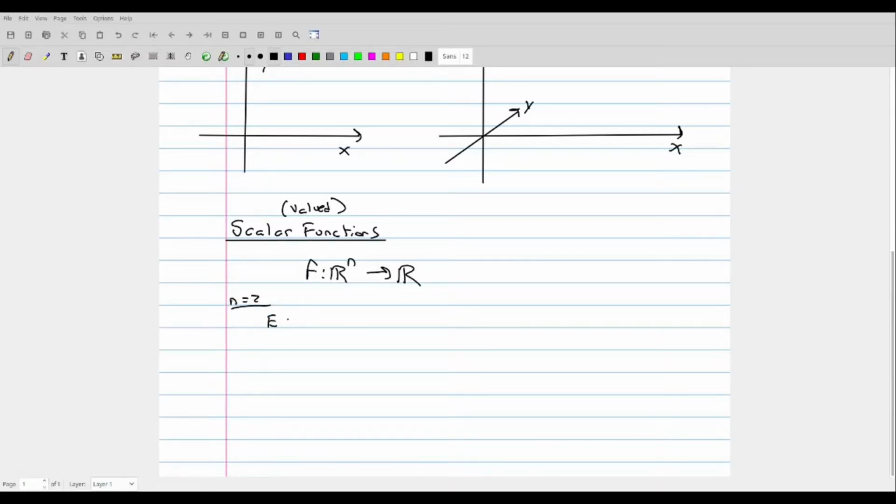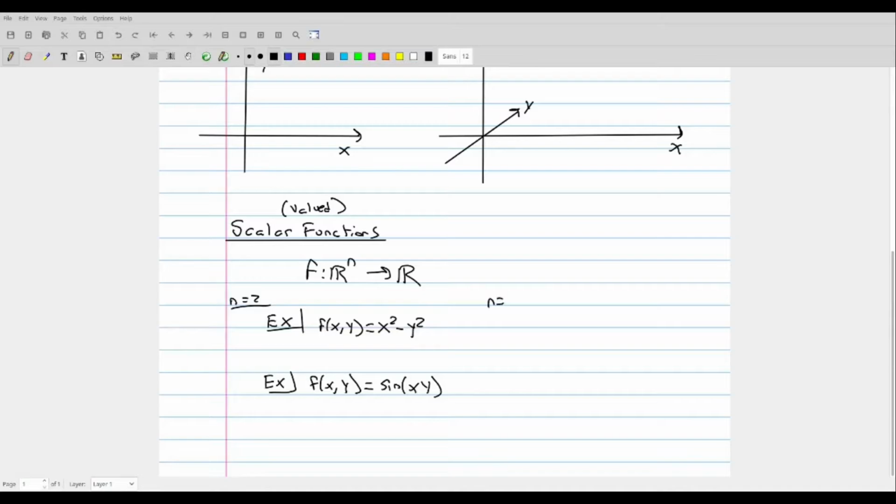For example, of a function of two variables, you can come up with a number of different examples, but we'll just do f(x, y) = x^2 - y^2, or say f(x, y) = sin(xy), and you can come up with a number of different other examples. Same thing for n equals 3.